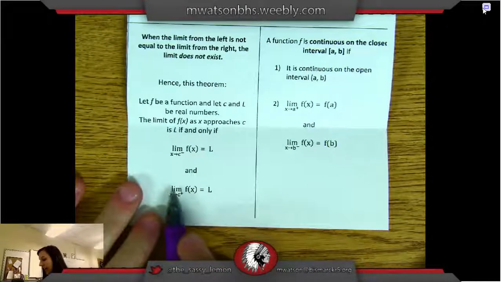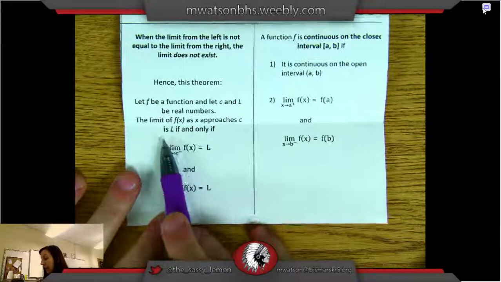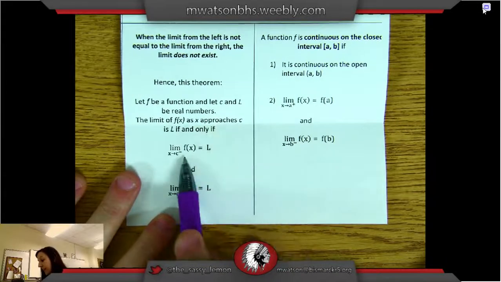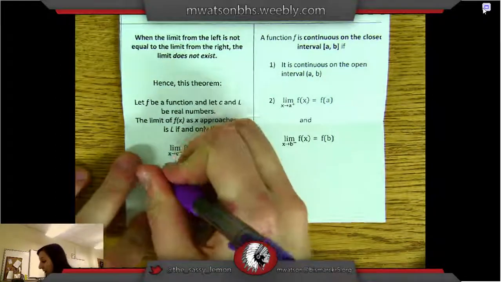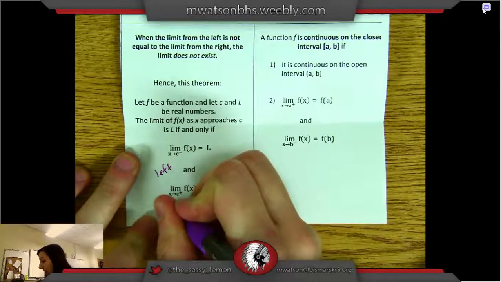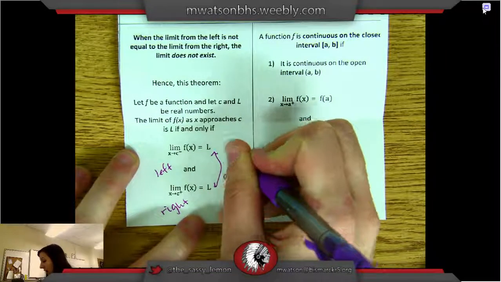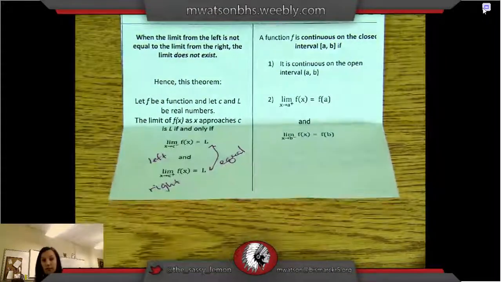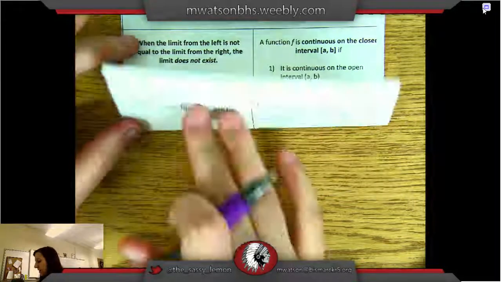So it's saying the limit of f of x as x approaches c is L if and only if the limit from the left and the limit from the right are equal. So this one's from the left, this one's from the right. They have to be equal, and if they are, then the limit exists.